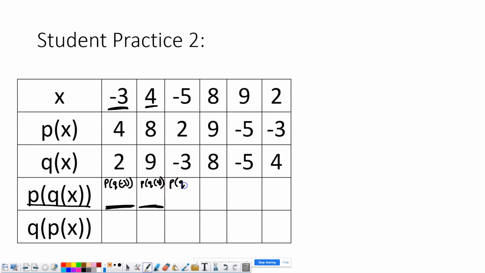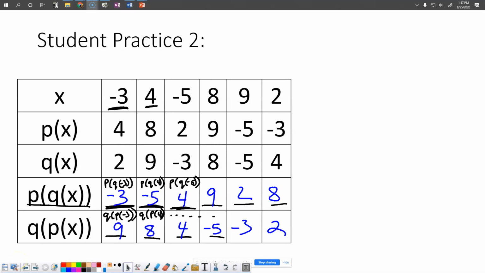And then P of Q of -5, etc. Okay? And then when you come down here to this one, it's reversed. It's Q of P of -3, Q of P of 4, etc. Okay? So go ahead and pause the video here and fill in your table and see what you guys get. I'll reveal the answers shortly.